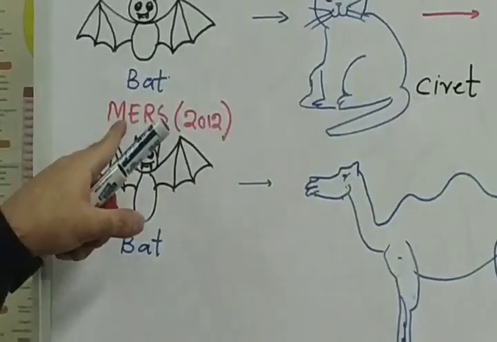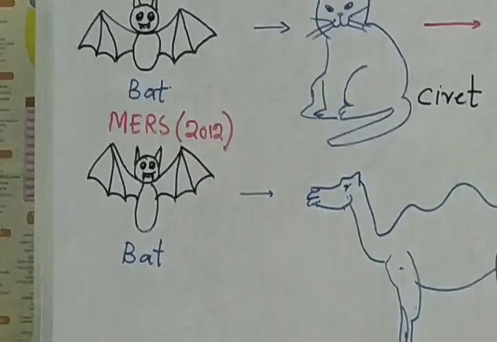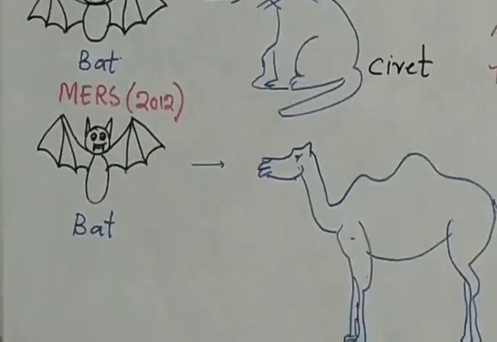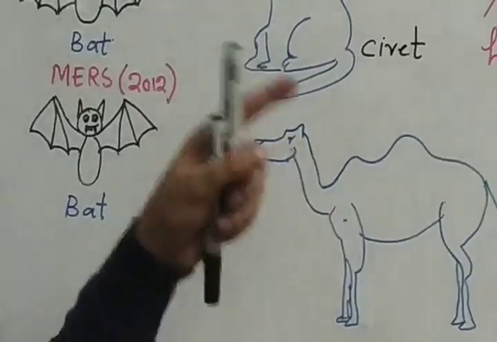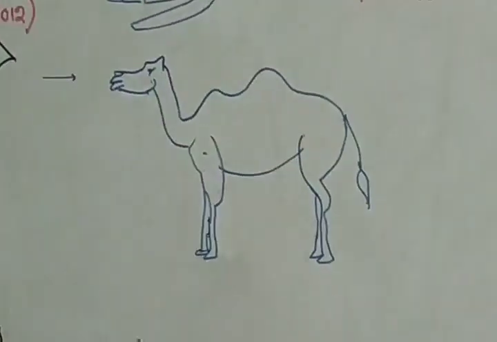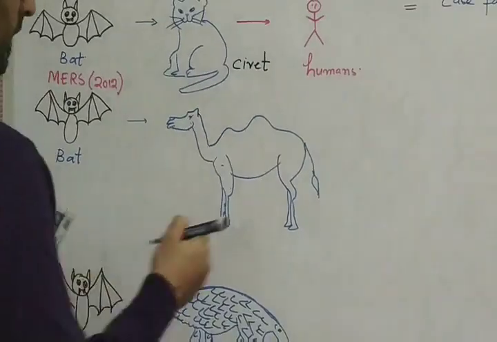What is actually MERS? MERS is Middle Eastern Respiratory Syndrome. This virus again mutated in such a way that it infected another host. That intermediate host was the camel. I'll write it here: camel.